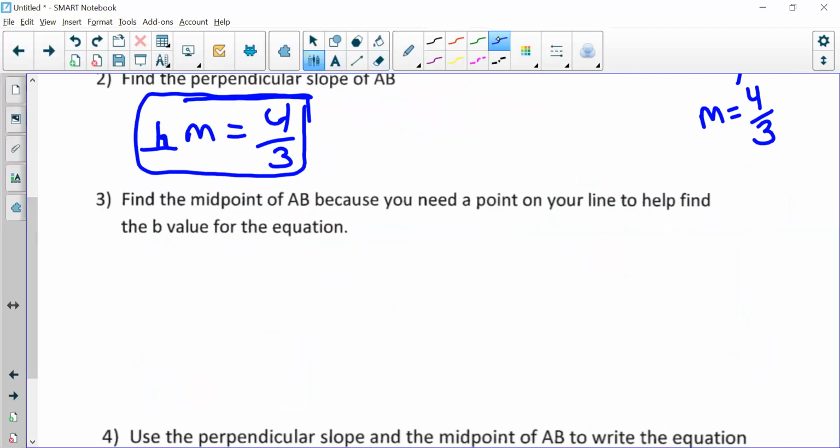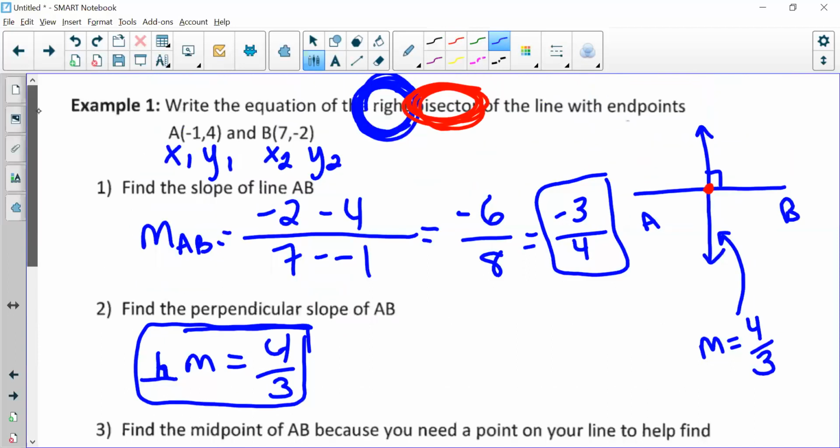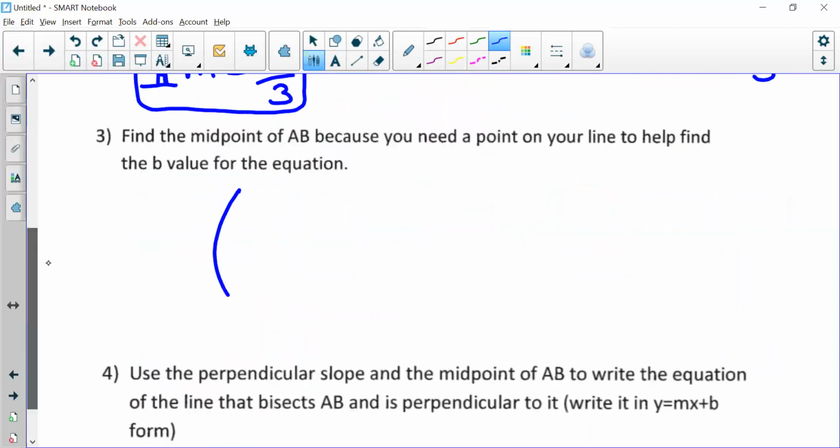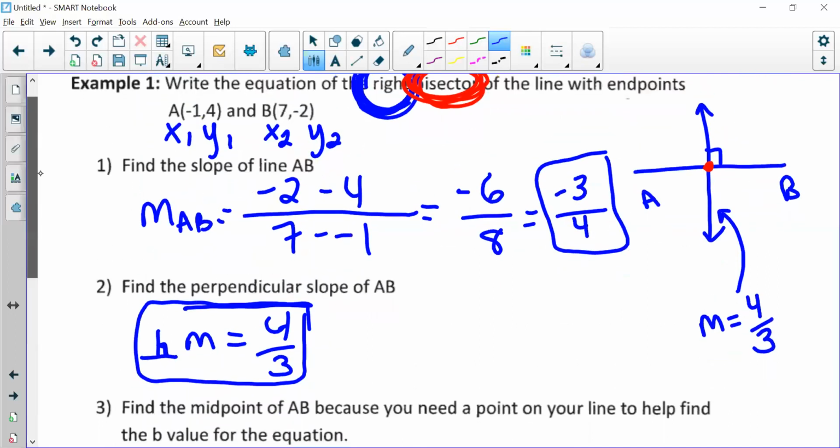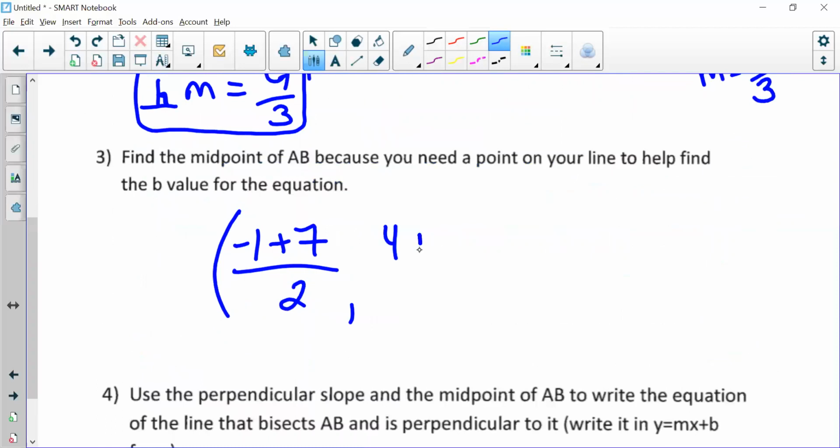You guys already know your midpoint formula. What am I plugging in here? Add the x's, -1 + 7, divided by 2. Add the y's, 4 + -2, divided by 2. Where's my midpoint?